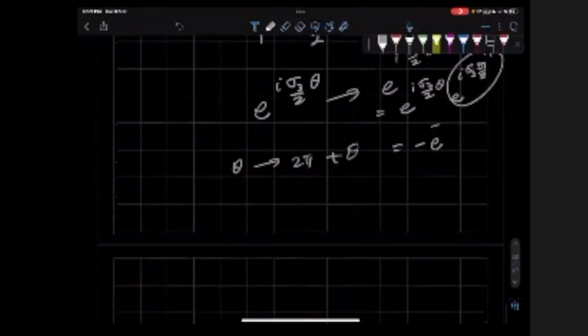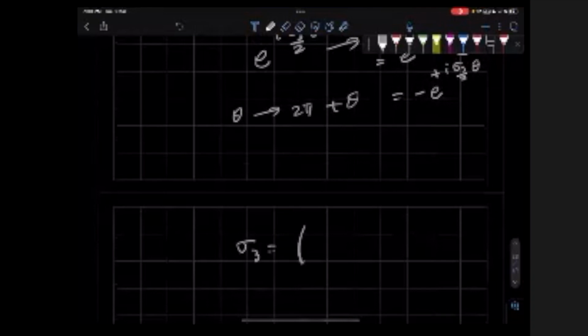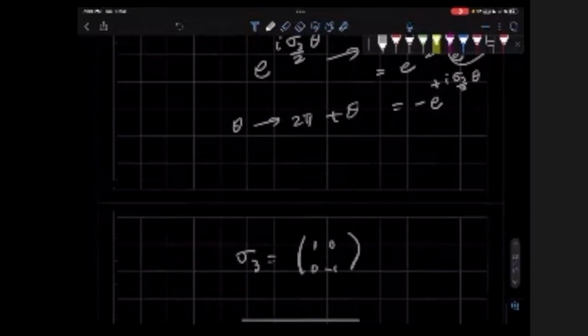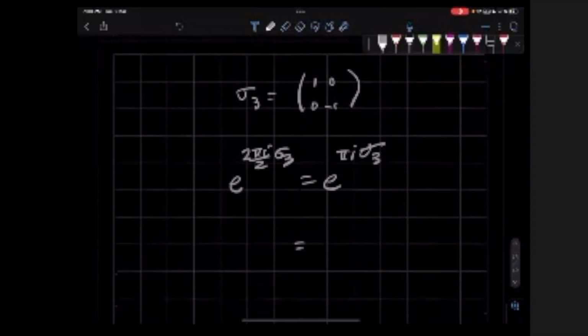Because sigma 3 is 1, 0, 0, minus 1. So if I compute this thing, it's e to the power 2 pi i by 2 sigma 3, which is e to the power i pi sigma 3, which means it's diagonal with e to the power i pi and e to the power minus i pi.